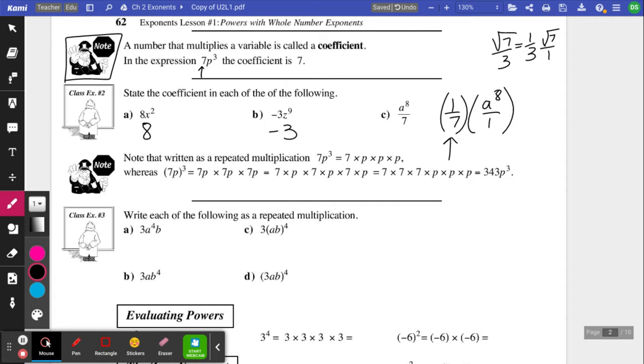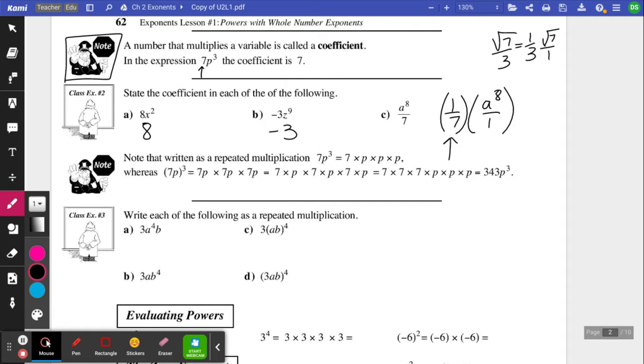All right, it's hot. Here's that stop sign guy again. He says, note that written as repeated multiplication, 7p cubed is 7 times p times p times p. Right? P to the third is p. Okay?